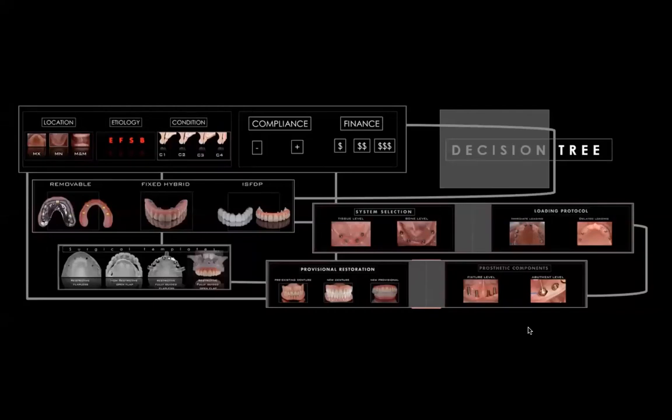What are the options? How many implants do I place? You have to create a system where you eliminate all the other options and you come down to a final result for your particular patient who's going to be coming to you. So that's very, very important to do. Those are the options that we have right now.